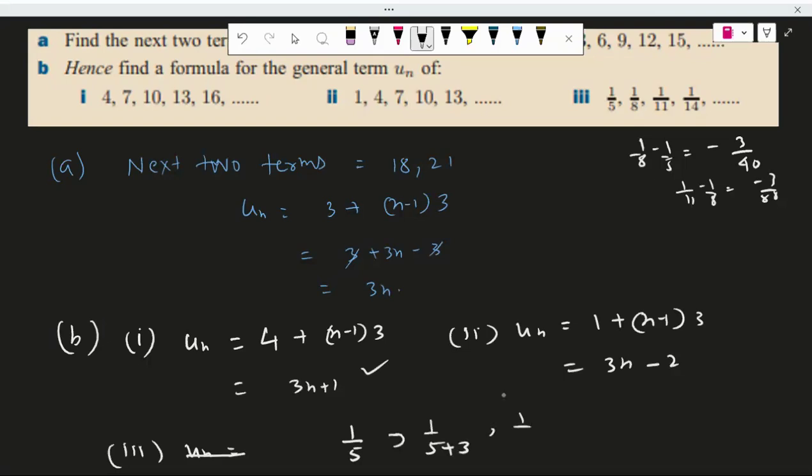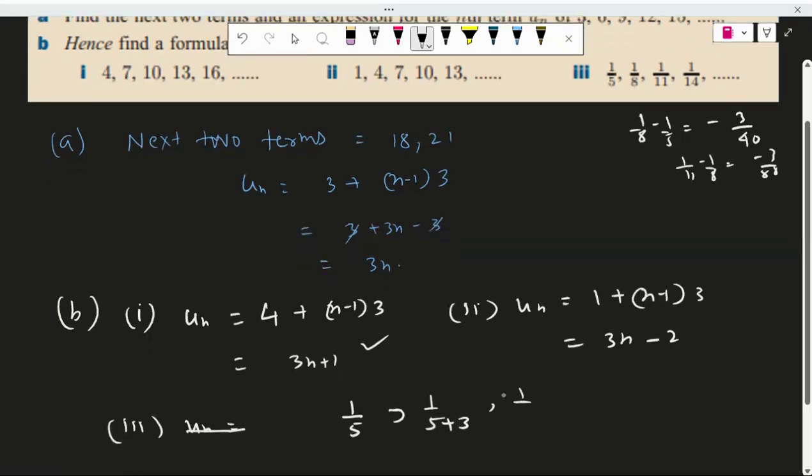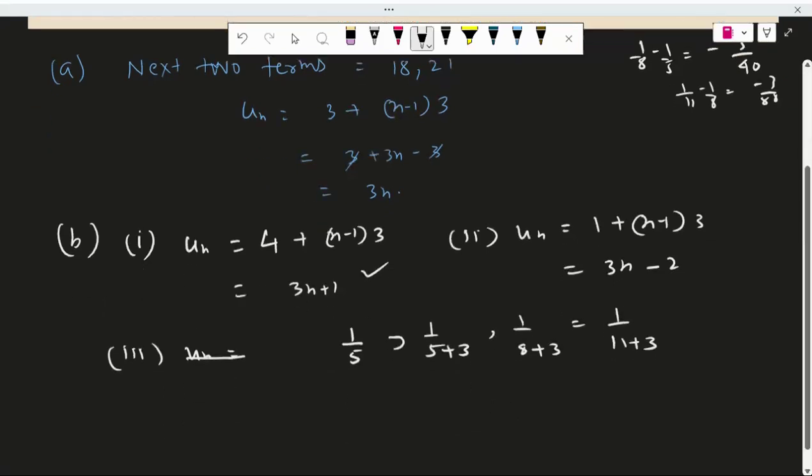Then we have 1 over 8 plus 3. Then we have 1 over 11 plus 3. So what is happening in each case?